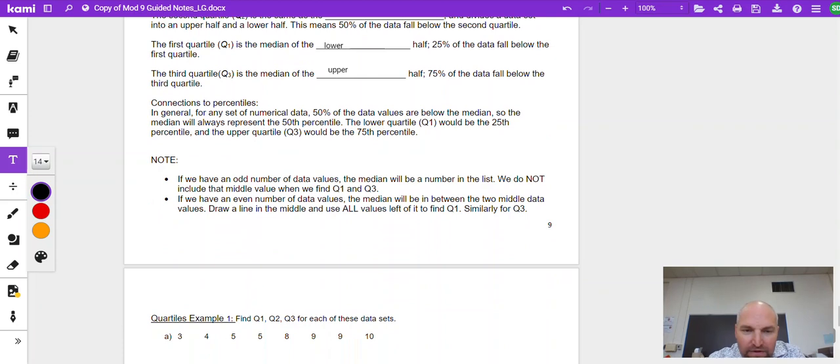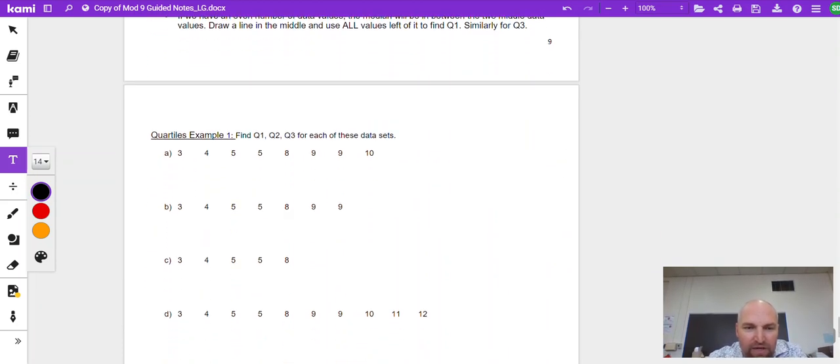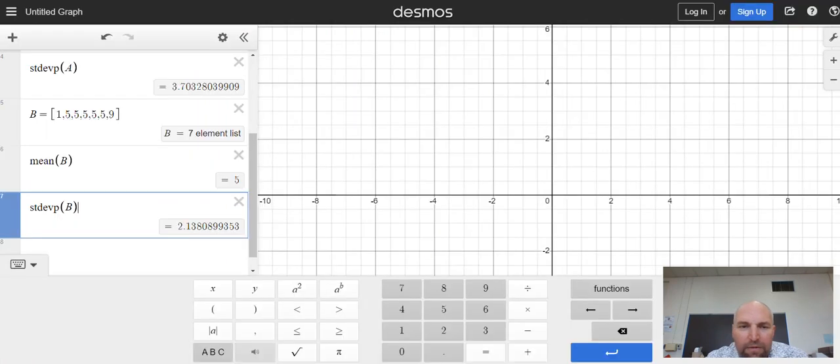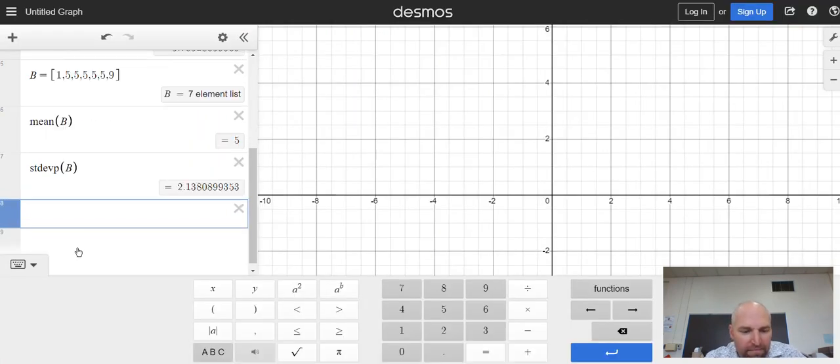Check this out. It says find Q1, Q2, Q3 for this data set. So you got 3, 4, 5, 5, 8, 9, 9, 9, and 10. I'm going to copy this information, open up Desmos, and paste it.